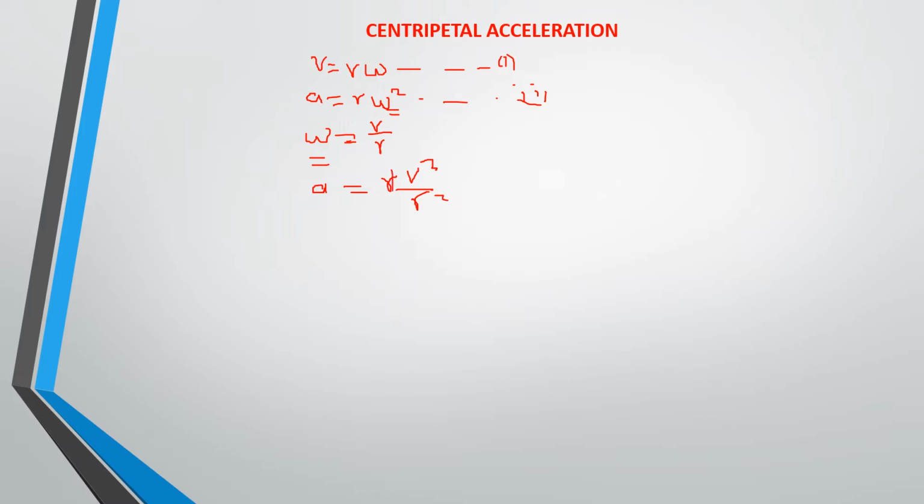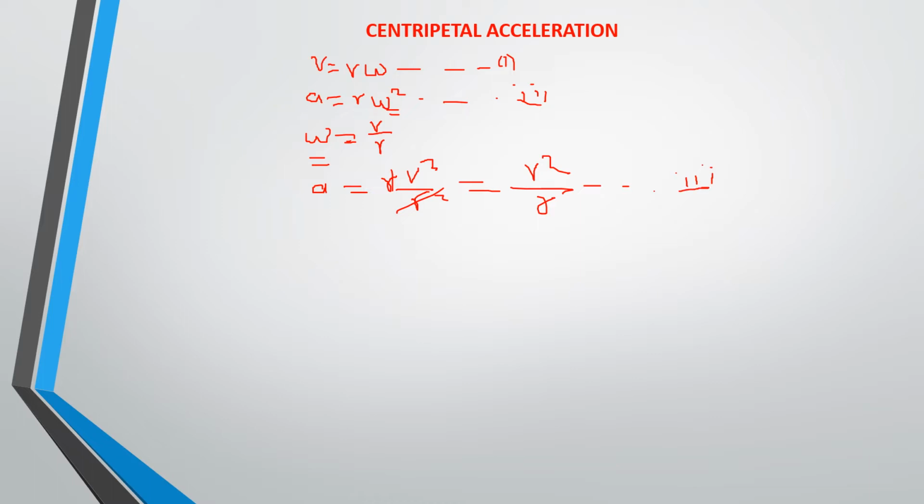By the time you cancel this out, you are going to have that a is equals to v squared all over r. So this is your centripetal acceleration.